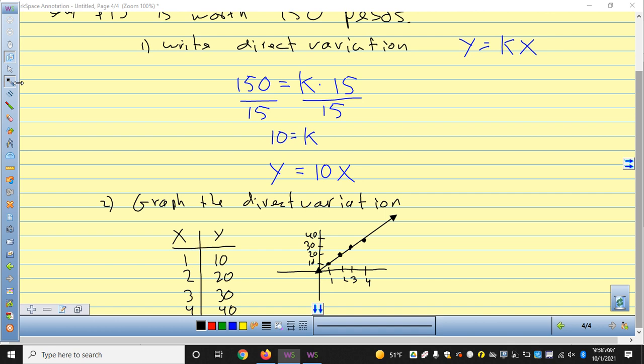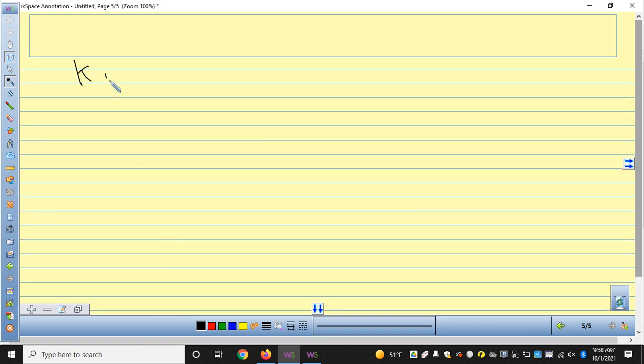Really, with direct variations, we're just working with lines. It's just a line, and the k is the slope. Since k is the slope, if k is positive, greater than 0, our graph is going to go uphill.